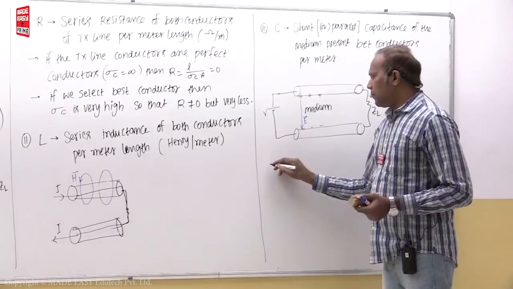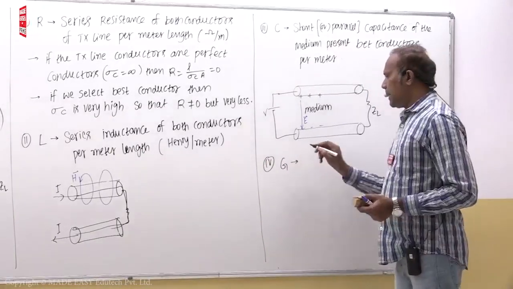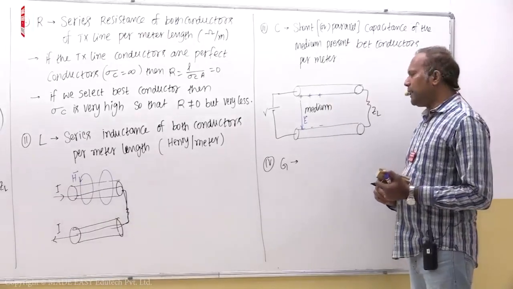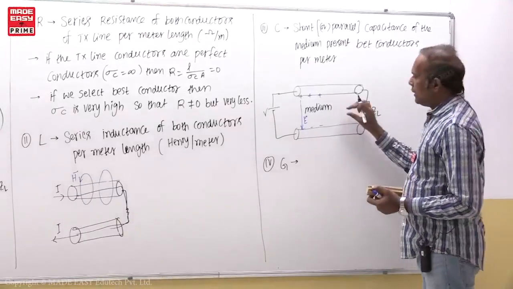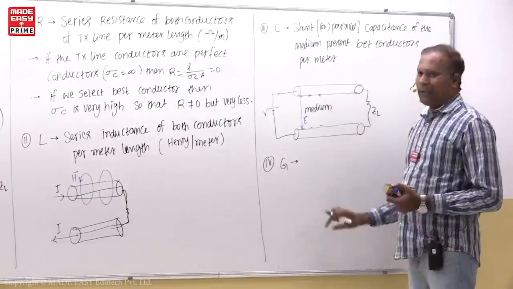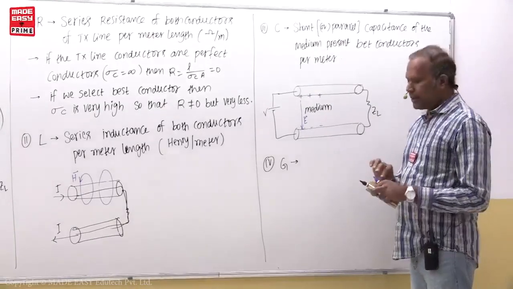Now the fourth parameter, G. As an engineer, we think that this medium should have zero conductivity. Why zero conductivity, dear students?